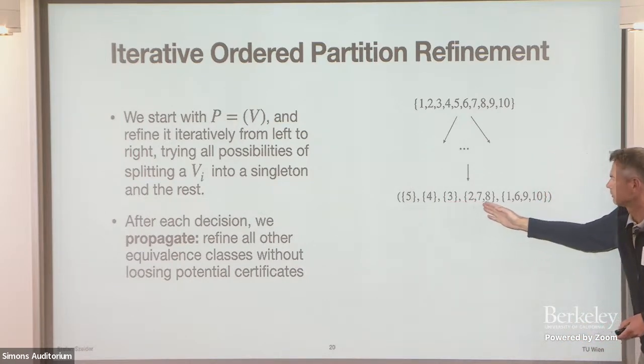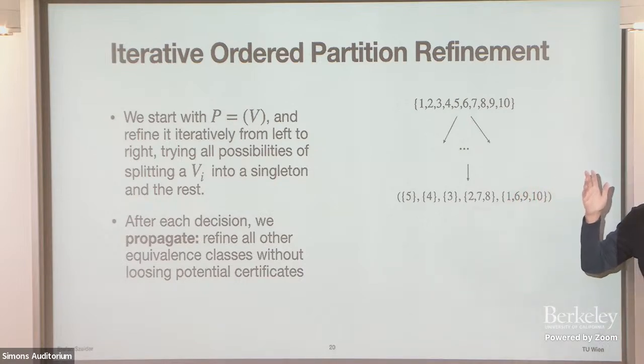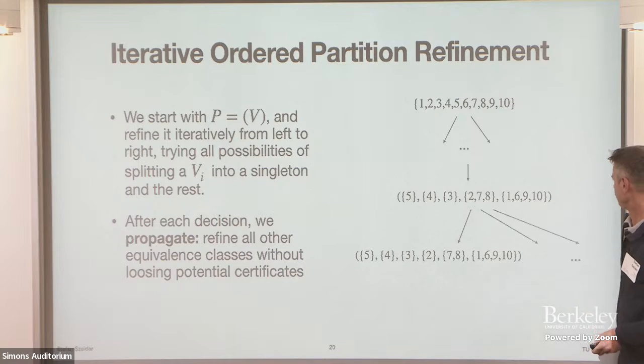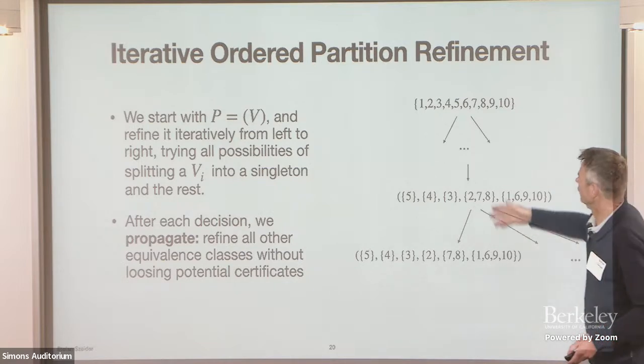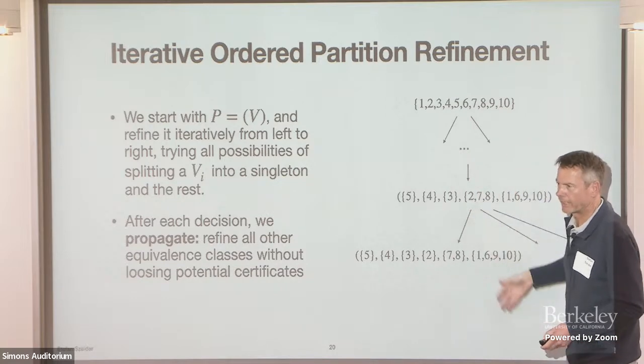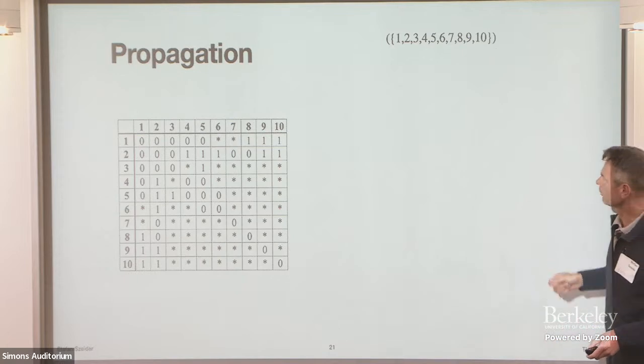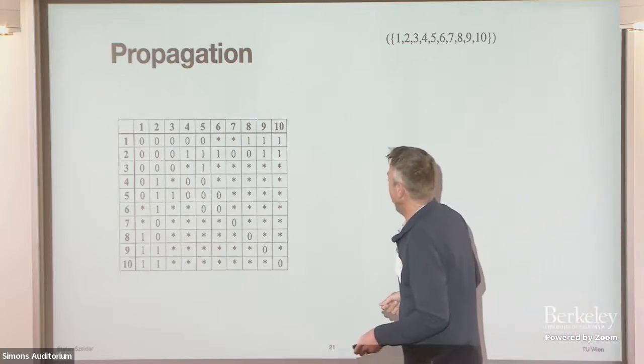So to speak, in our adjacency matrix, you can also think of fixing, starting from the top left corner, more and more vertices. And it's a branching algorithm. So we make some decision, and then we might backtrack. The important thing here is the propagation, which I want to illustrate with this example.